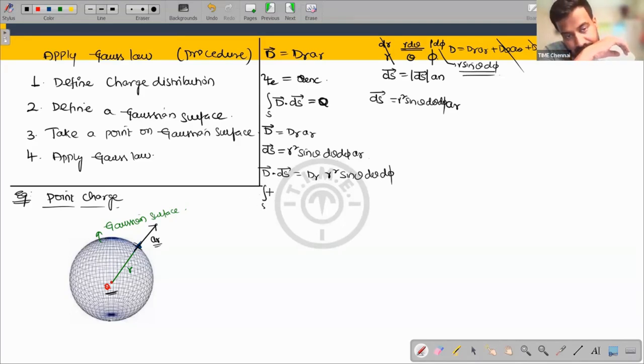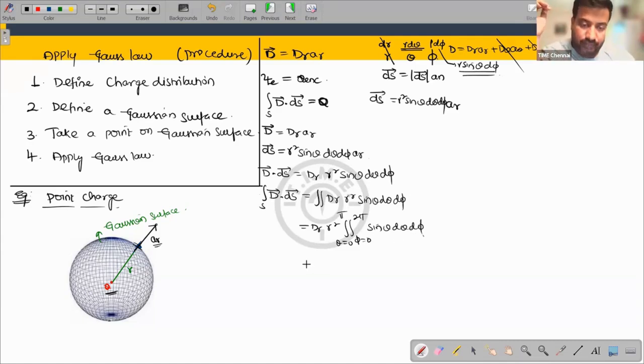Surface integral of D dot DS is double integral Dr r square sin theta d theta d phi. Dr into r square, double integral, theta 0 to pi, phi 0 to 2 pi, sin theta d theta d phi.